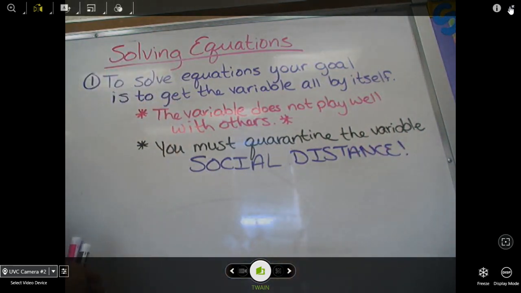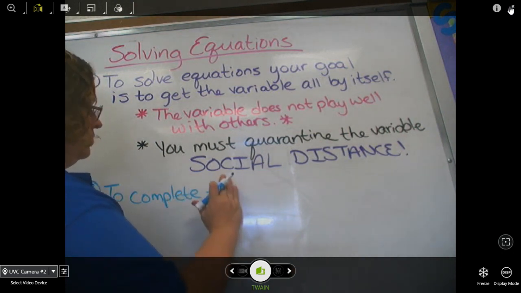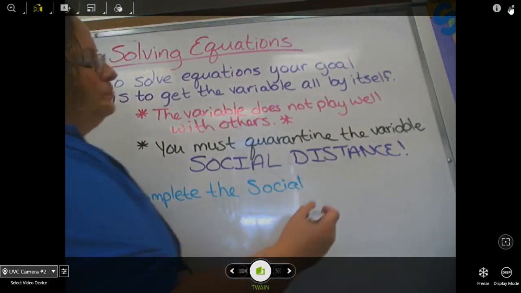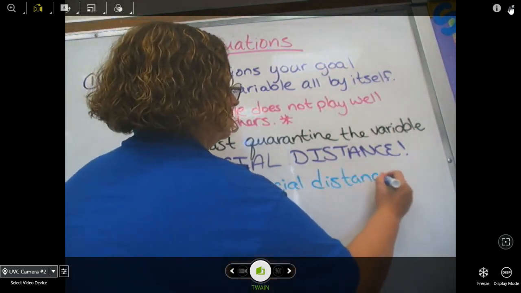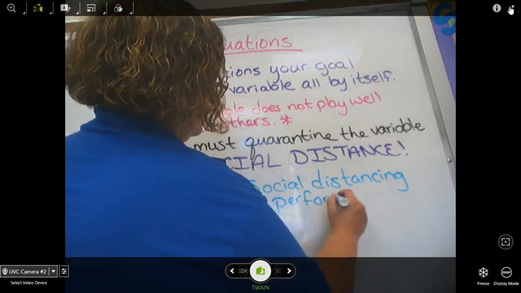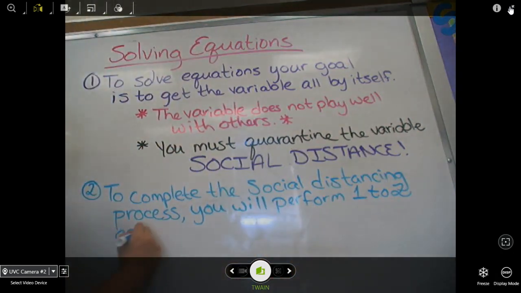All right. So that's what you're going to be doing. Now, in order to do that, to complete the social distancing process, you will perform 1 to 2 operations with the variable.